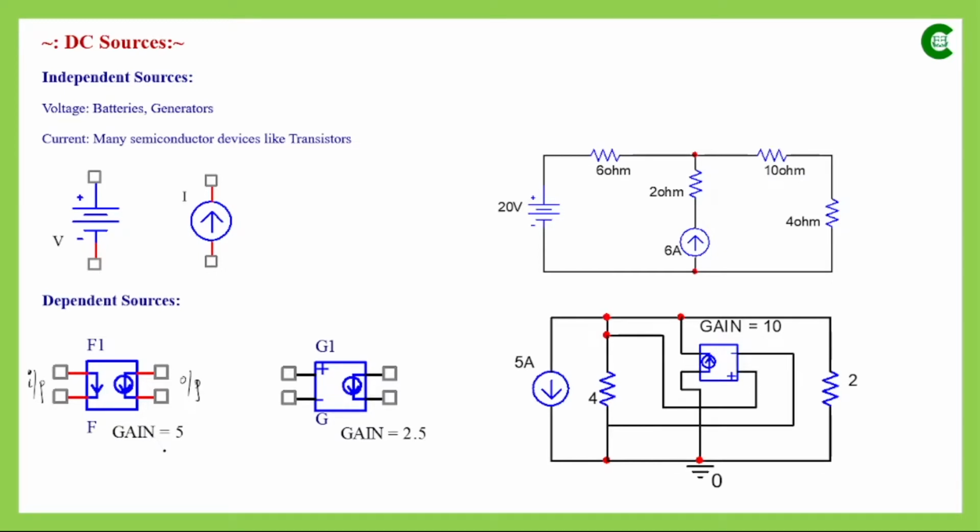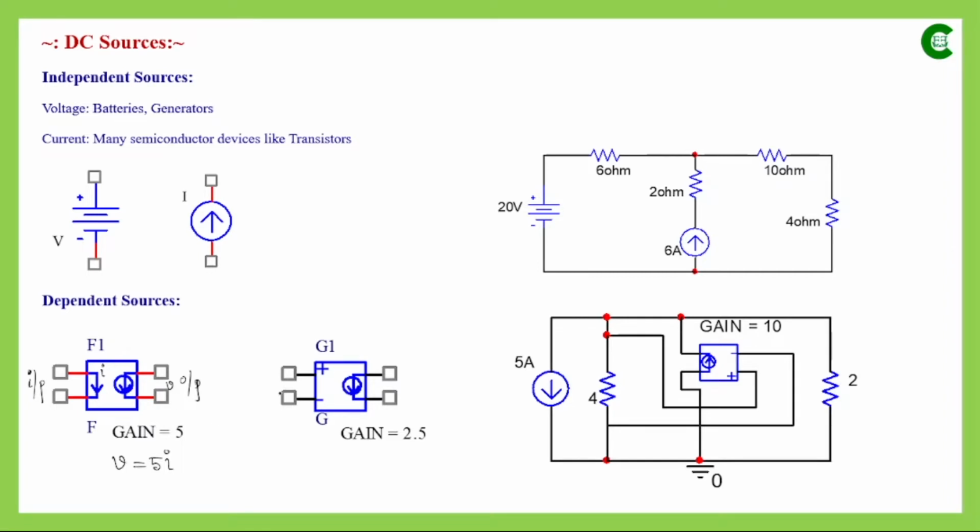So the voltage of this voltage source will be 5 times the input current that flows through that element in the same network. It is represented as V = 5I, where I is the current that flows through this path and V is the voltage across these 2 terminals.